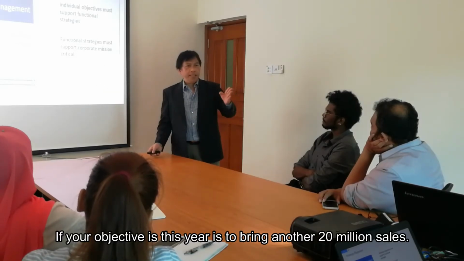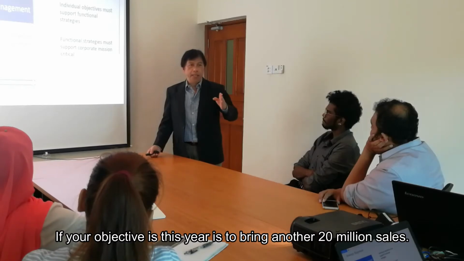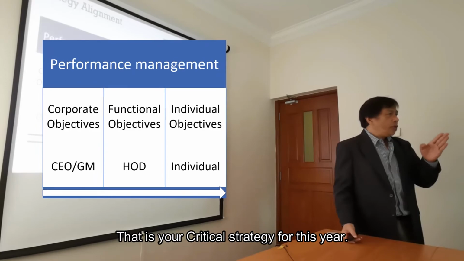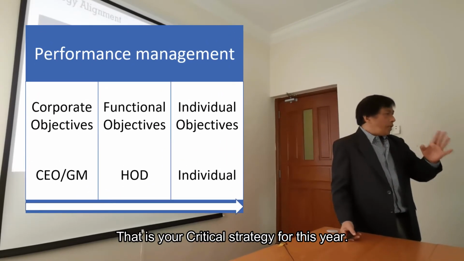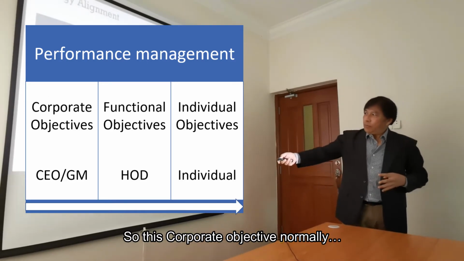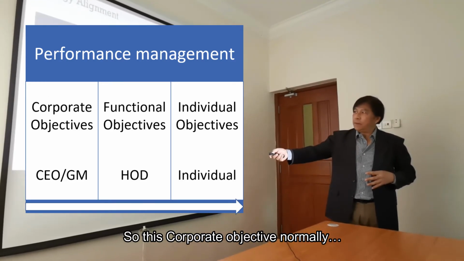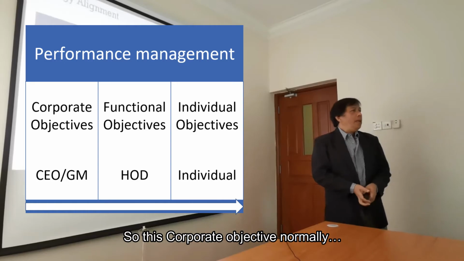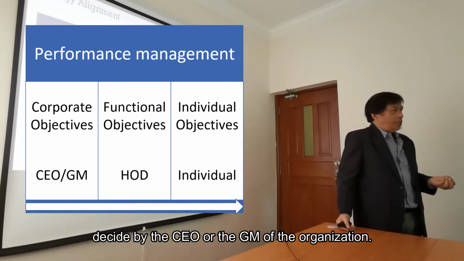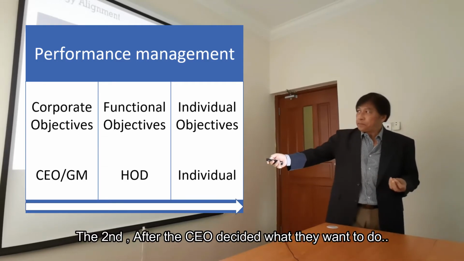If your objective, let's say this year, is to bring in another 20 million in sales, that is your critical strategy for this year. So that must come first. This corporate objective is normally decided by the CEO or the GM of the organization. So this must come first.